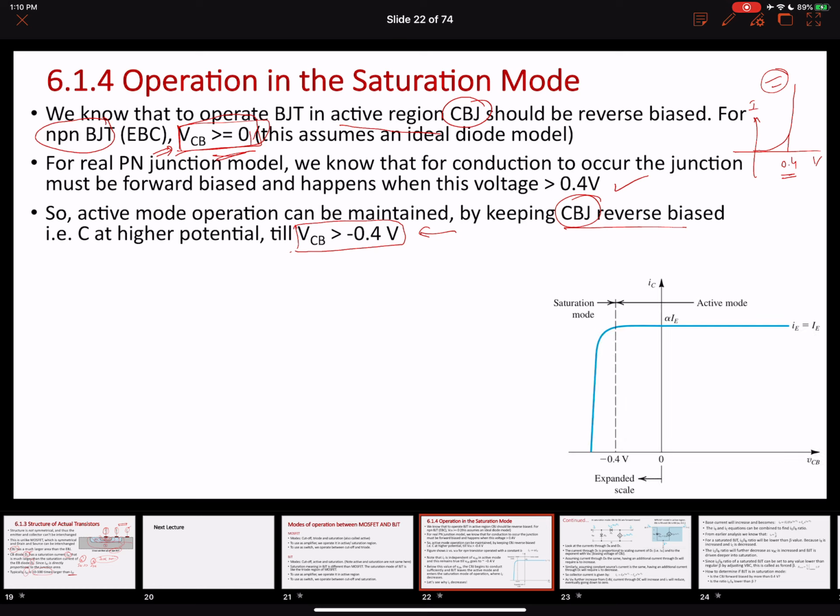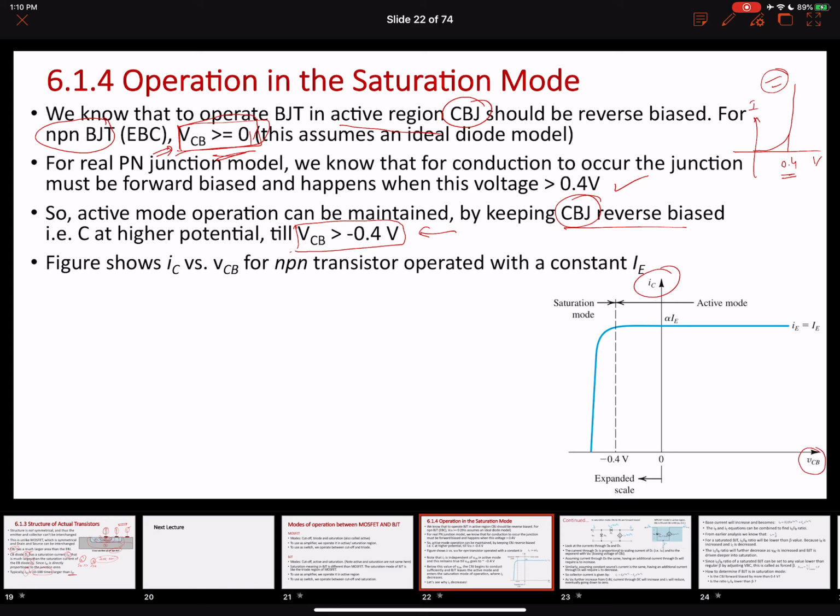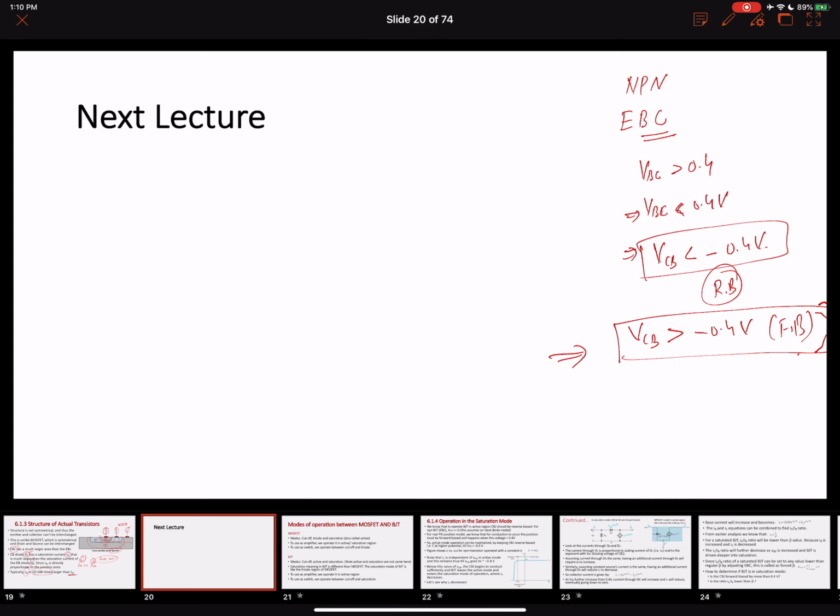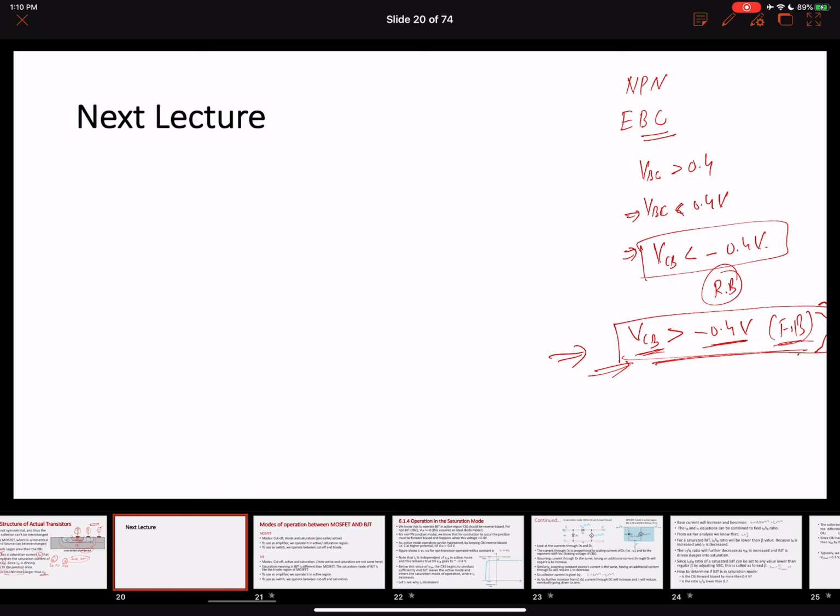Okay, here are our VI characteristics for the NPN transistor. Again, this is our collector current, and this is the collector to base voltage, the voltage that we were just talking about. We just saw that for this real PN junction model, our collector to base voltage needs to be greater than minus 0.4 volts to keep it reverse biased.